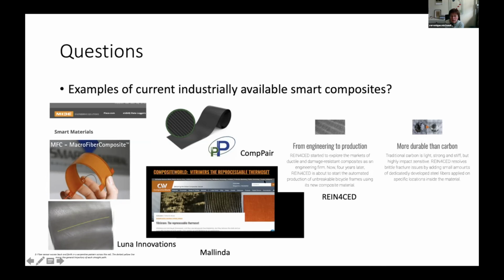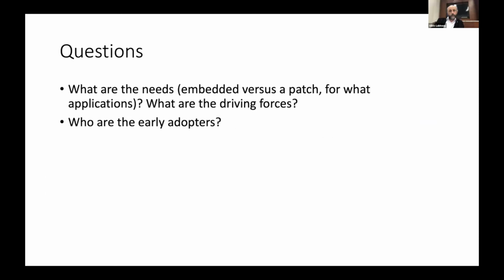For example, with Vitrimers, which is a new type of polymer, there are some thermosets with these new resins, or reinforcements that use specific ductile elements, basically steel wires, in composites. So there are some, but it's a bit tricky to find.